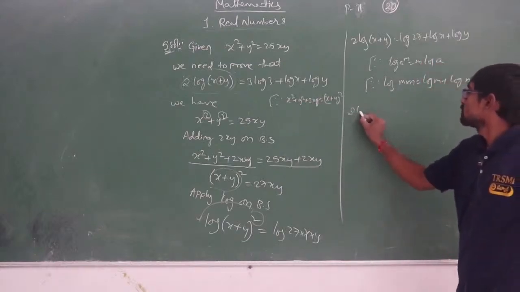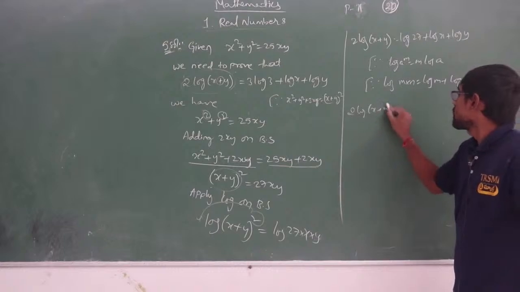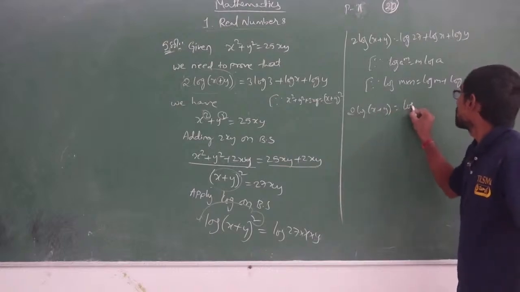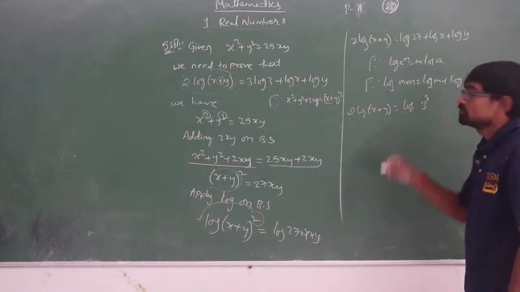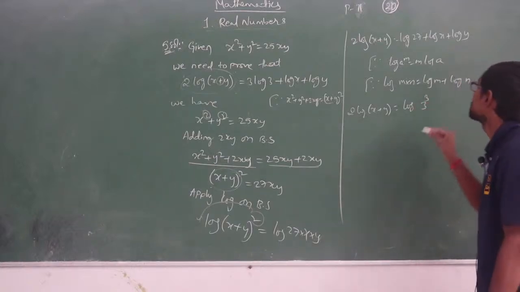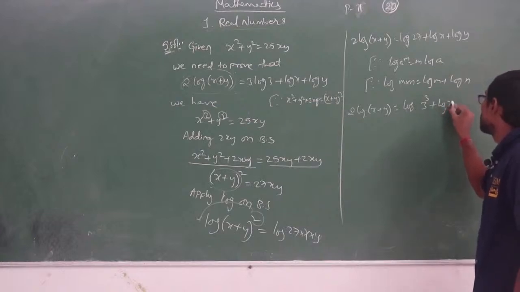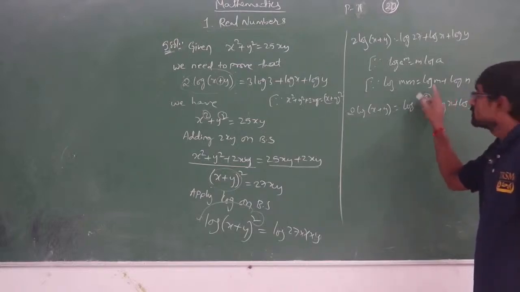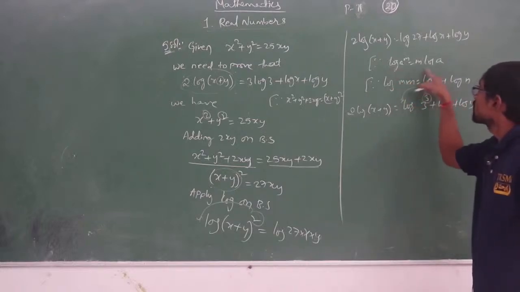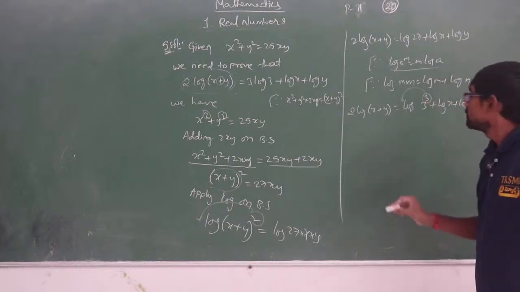Okay, so here I will get 2 log of x plus y is equal to log of, what are the factors of 27? 3 cube. 3 3s are 9, 9 3s are 27, isn't it? Plus log x plus log y. Now again here I have a power. This power should be taken in front according to the power rule.